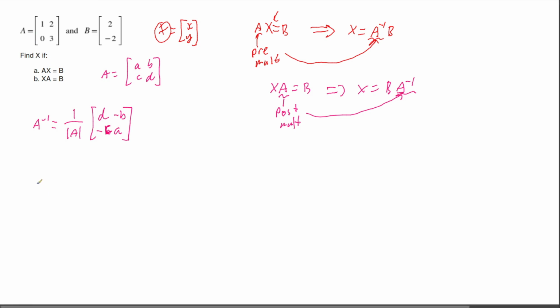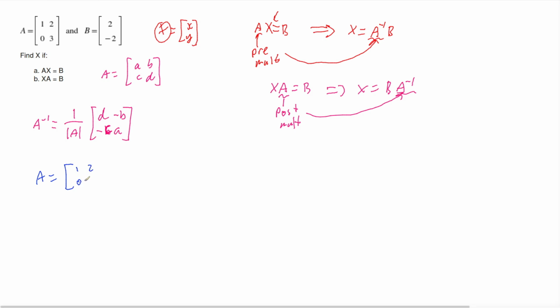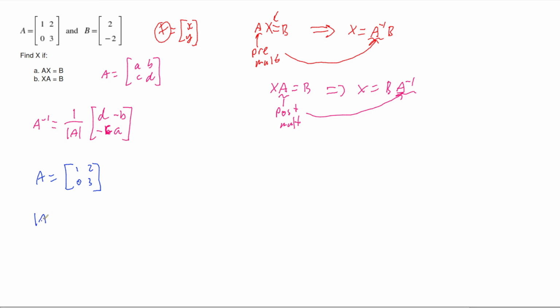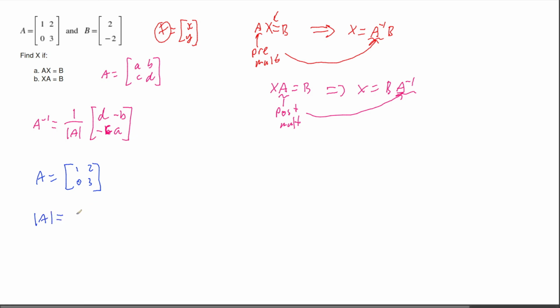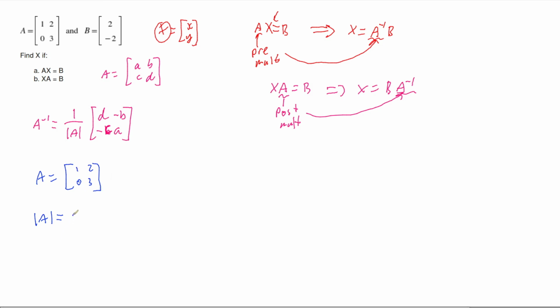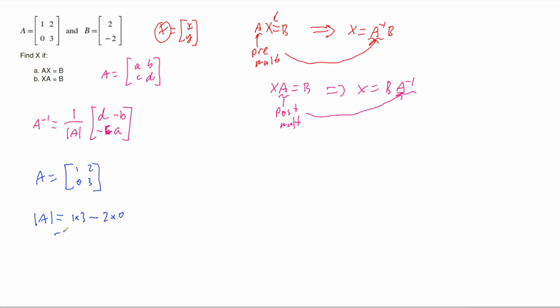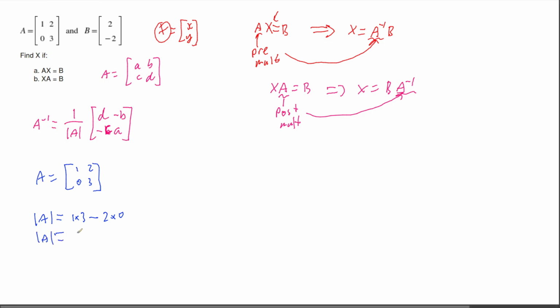In this case, we've got A equals 1, 2, 0, and 3. To work out the determinant of A, I do the leading diagonal multiplied, so 1 times 3, minus the other diagonal multiplied, so 2 times 0. So the determinant of A is just 3.